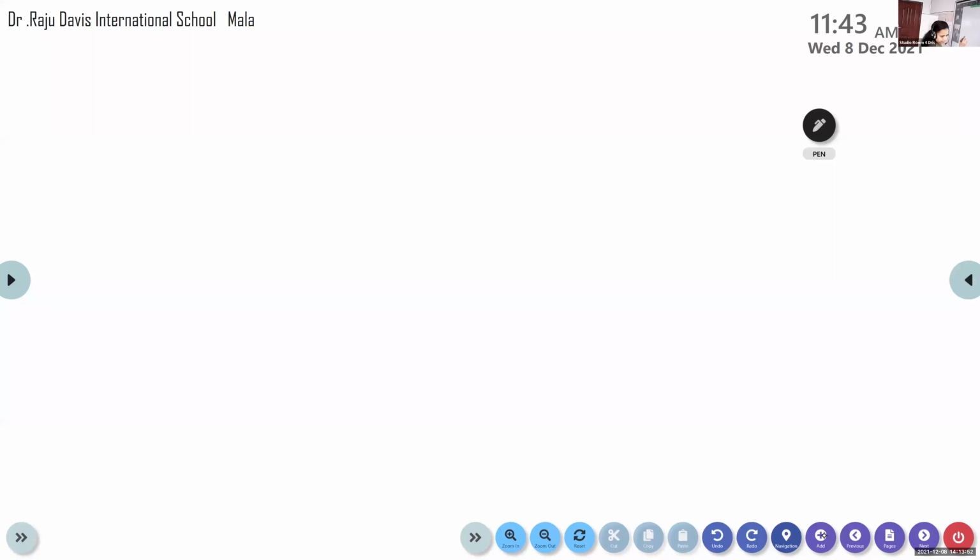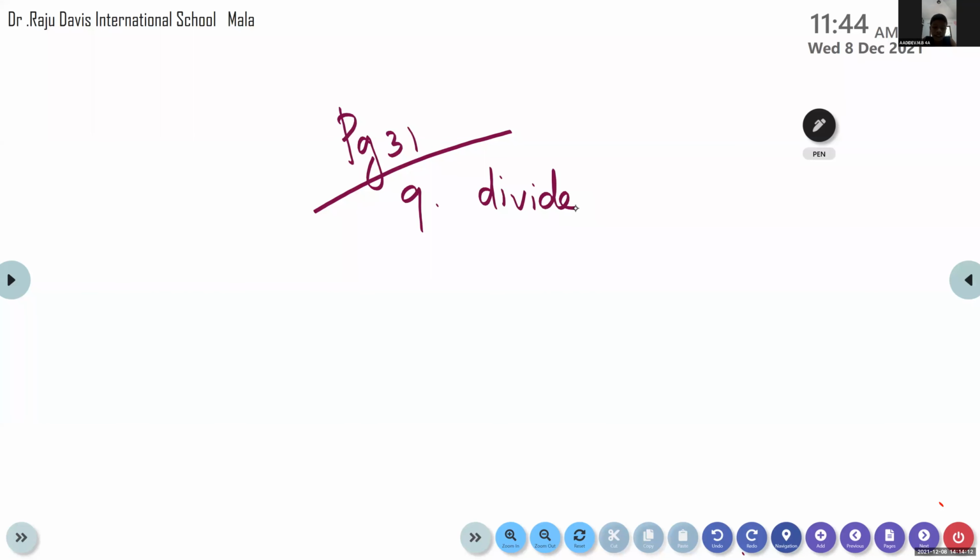So, children, we are doing now page number 31, question number 9. To convert an improper fraction to a mixed fraction, we have to divide the numerator by the denominator.